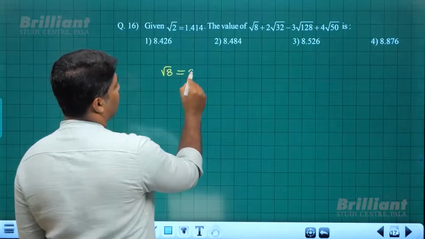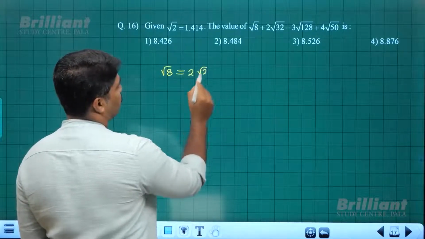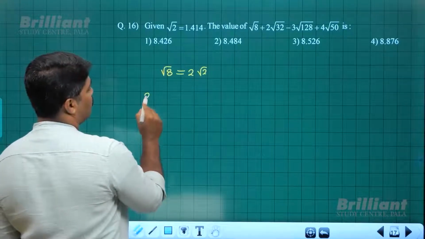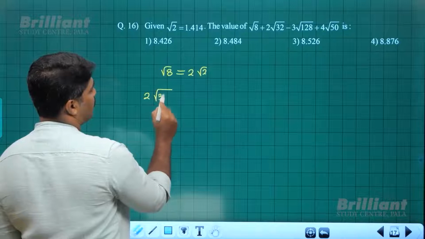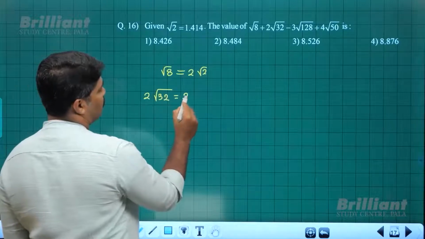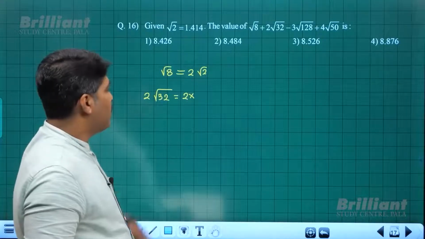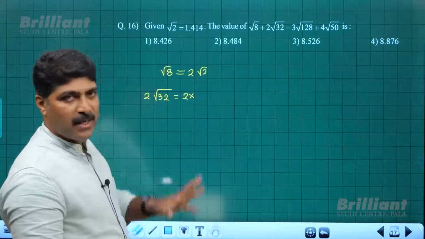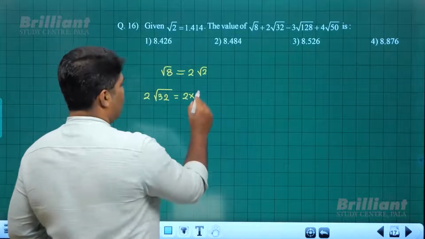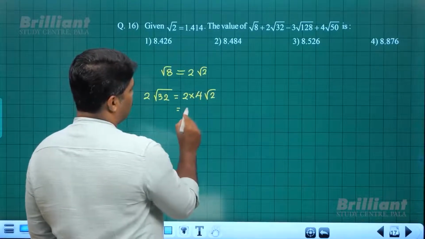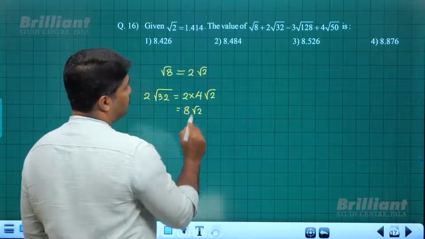We can write it as 2 root 2. And how can we write this 2 root 32? This is 2 into root 32. Root 32 is equal to 16 into 2, right? Root 16 is 4, therefore 4 root 2, which is equal to 8 root 2.